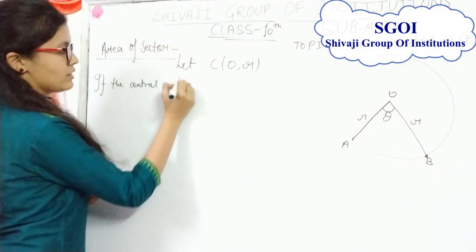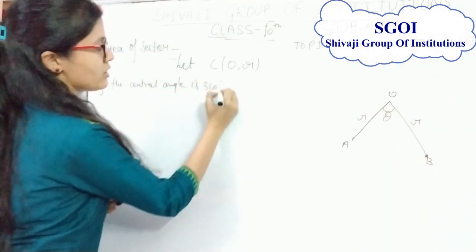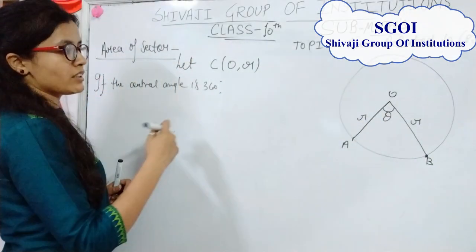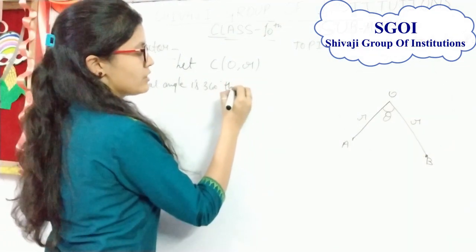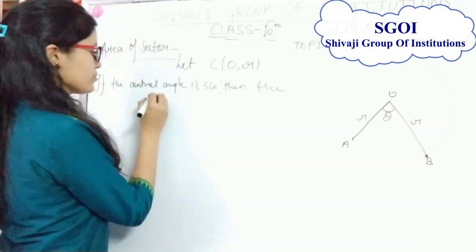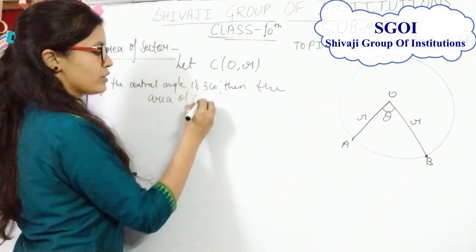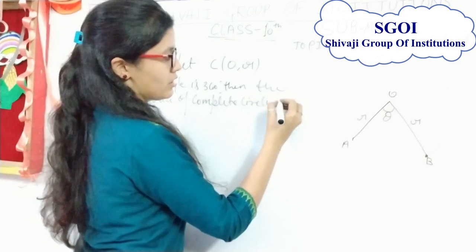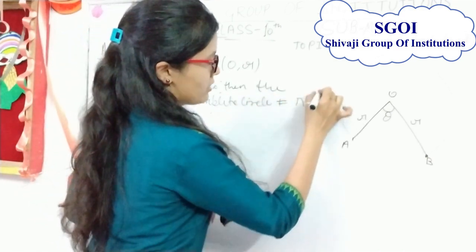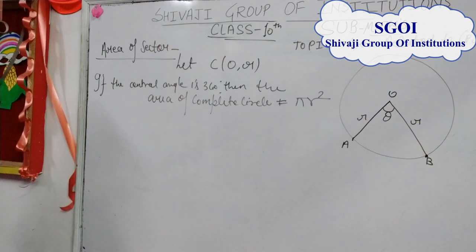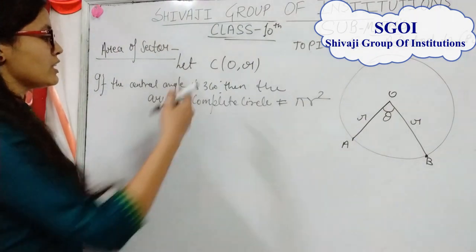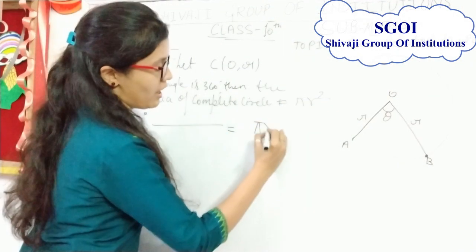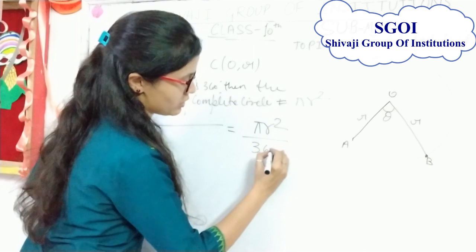Similarly, if the central angle is 1 degree, then the area is pi r square upon 360.